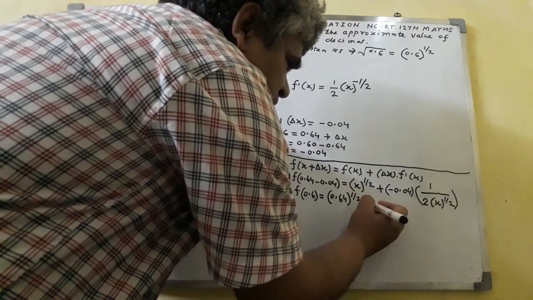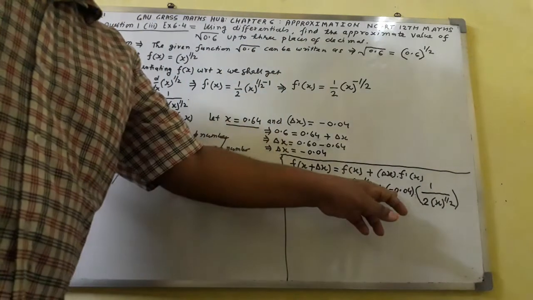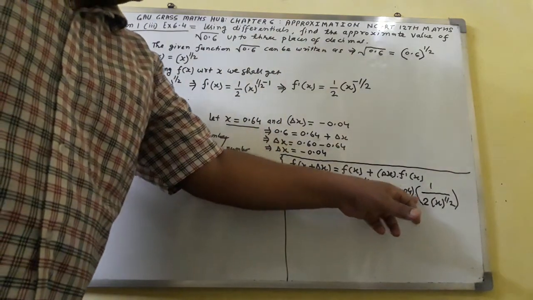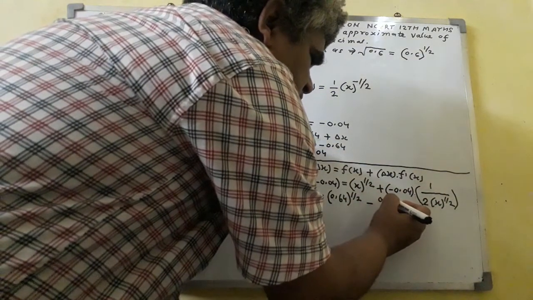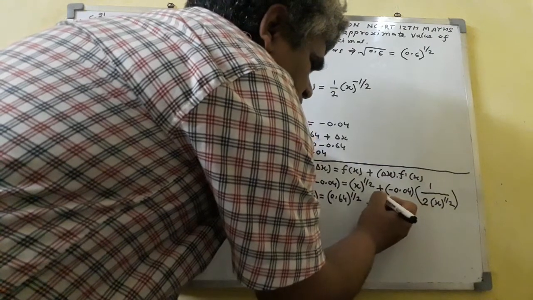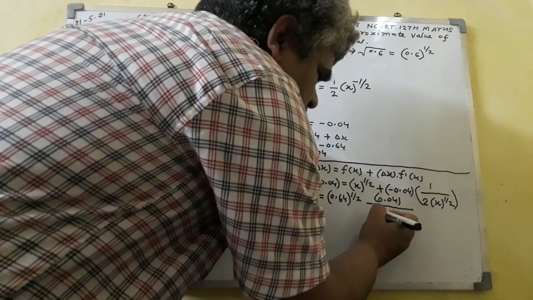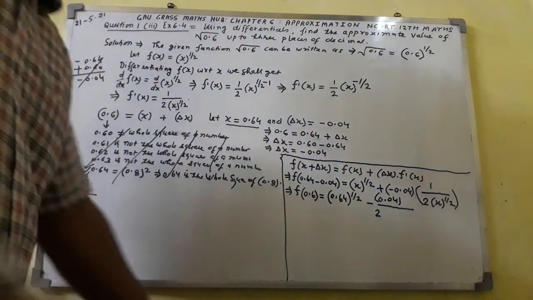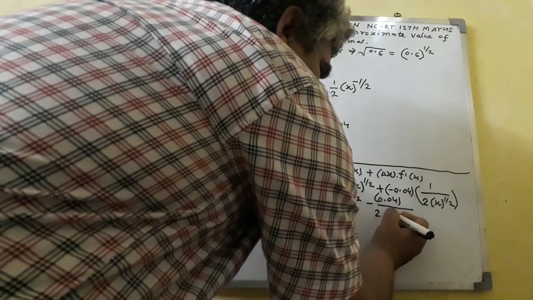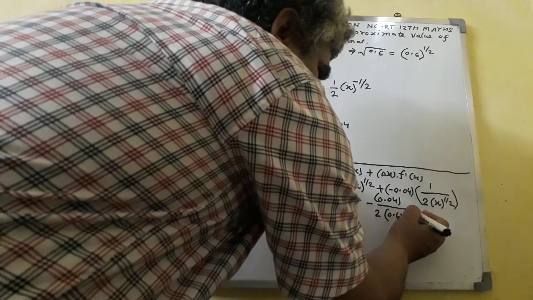Here write minus, this minus 0.04 will multiply to 1. So you will get here 0.04 written in bracket, whole over 2, and in place of x I shall write 0.64 raised to the power 1 over 2.